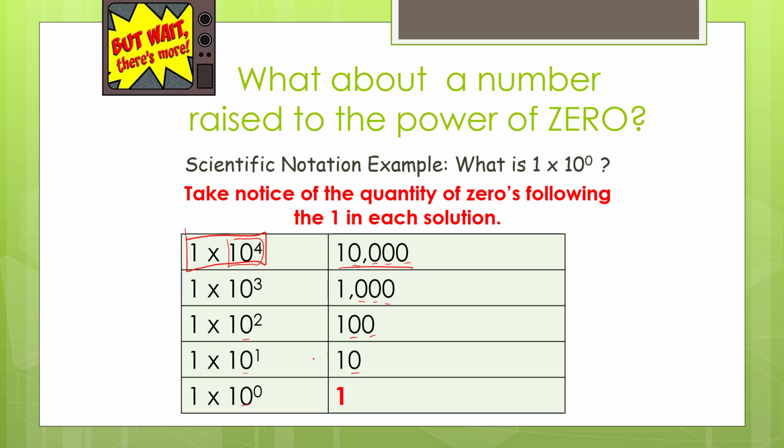And then 10 to the 0th power, as we continue to reduce the quantity of zeros, naturally we take away that last zero and it would still be 1. It's just another proof that anything to the 0th power is equal to 1.